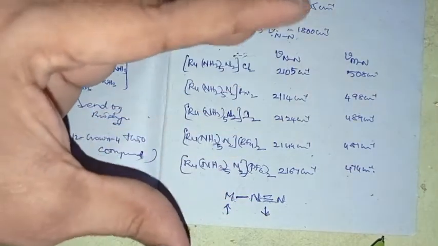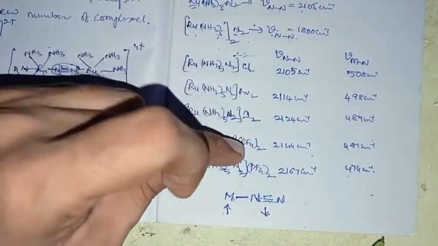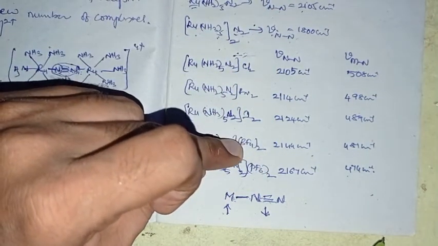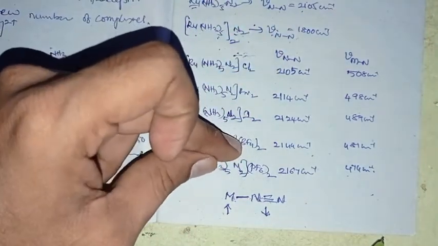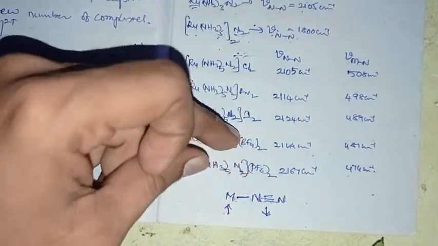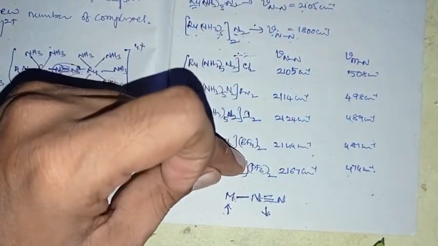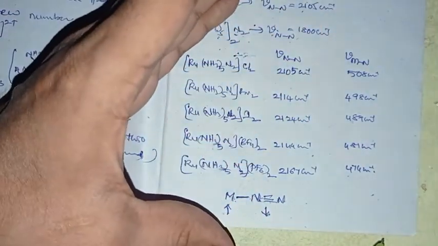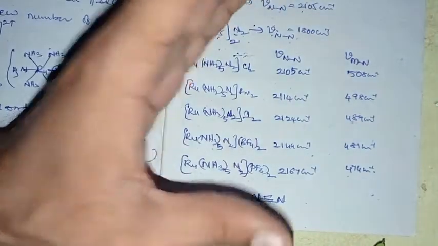Chlorine to bromine, the size increases; bromine to iodine, the size increases; iodine to difluoroboride, it becomes a molecular ion, so the size automatically increases. From the fourth to the fifth, the size of the primary sphere is again much larger. So from the first complex to the last complex, the primary sphere's size keeps increasing.